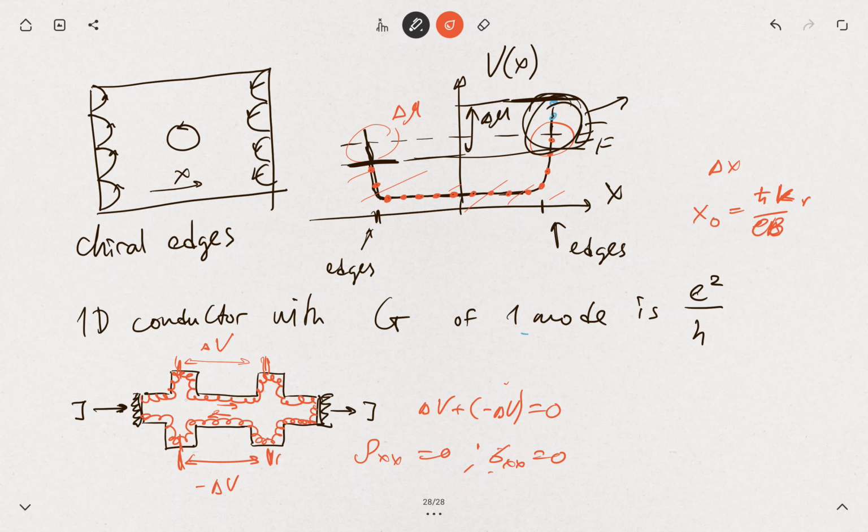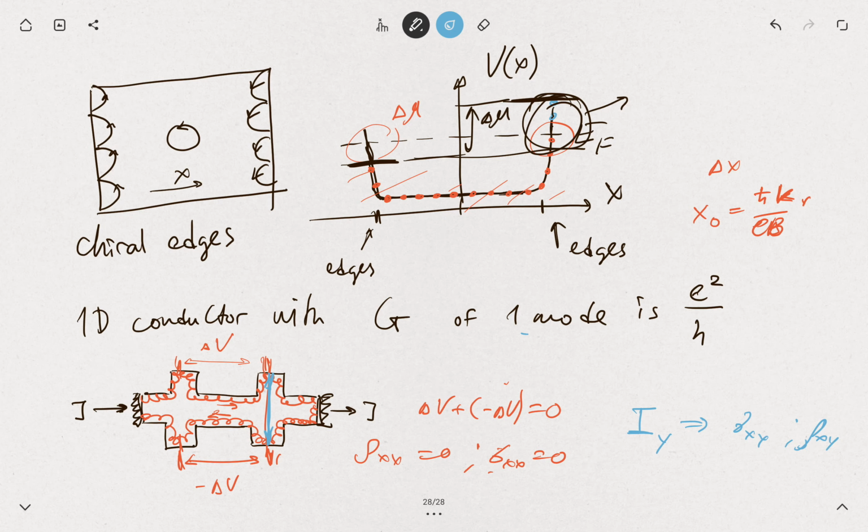In the y direction, to consider this quantization across, you would need to compute the current in the y direction, which would then allow you to calculate sigma xy and rho xy.